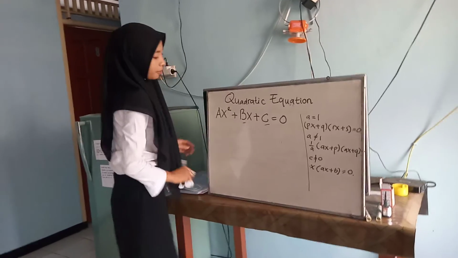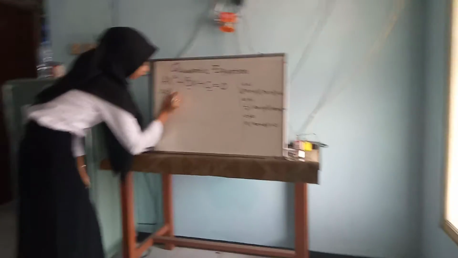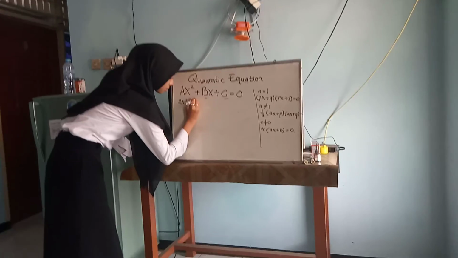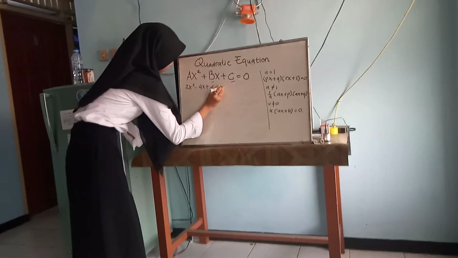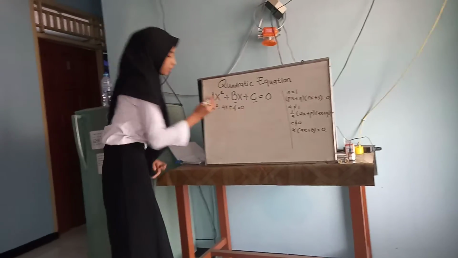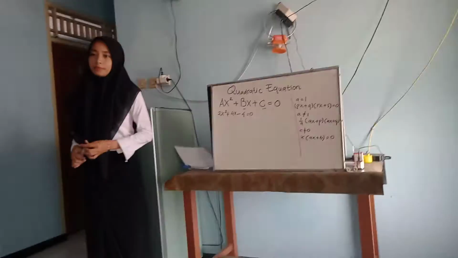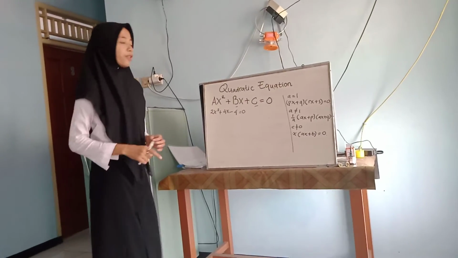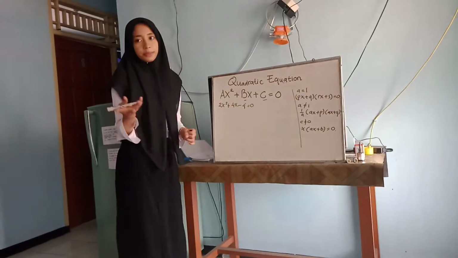Next, the second way is completing the square. If I have the equation 2x squared minus 4x plus 4, to solve this equation by completing the square, the first step is we need to divide both sides by a.